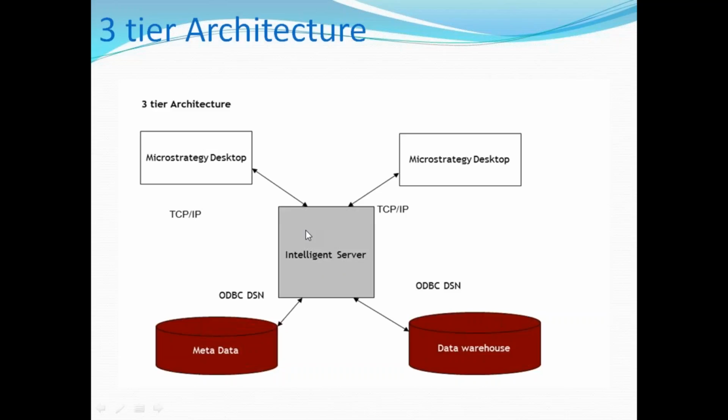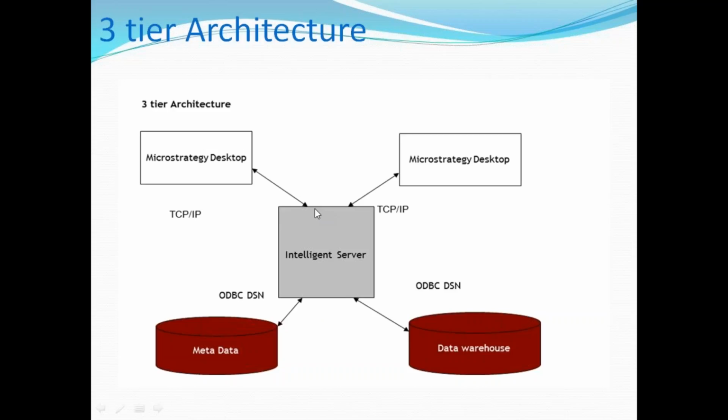Apart from that, the additional advantage of the Intelligent Server is that you can have connectivity to a web server. In a 2-tier connection, you cannot connect your desktop to a web server. So in order to have integration with a web server, to see data on the web, you need an iServer.